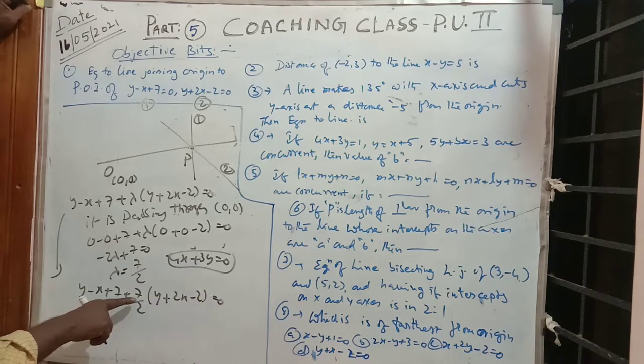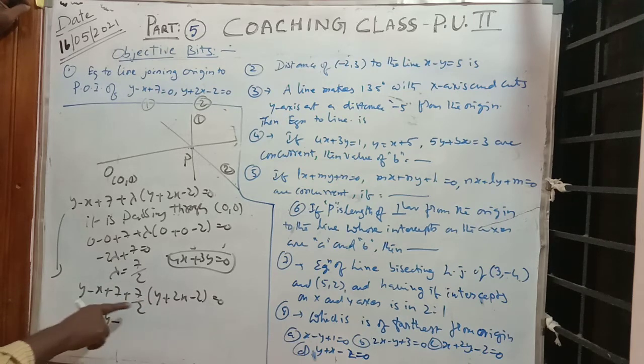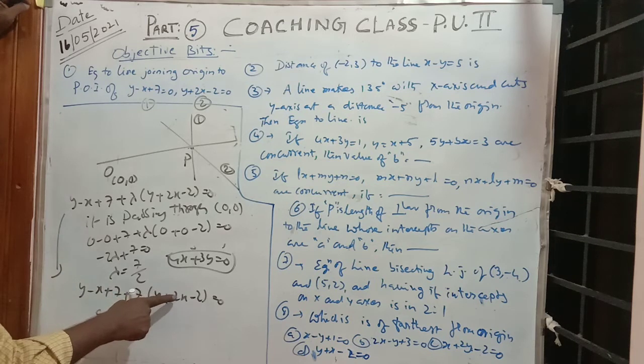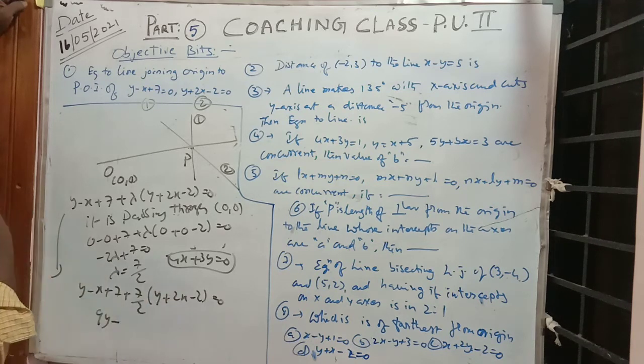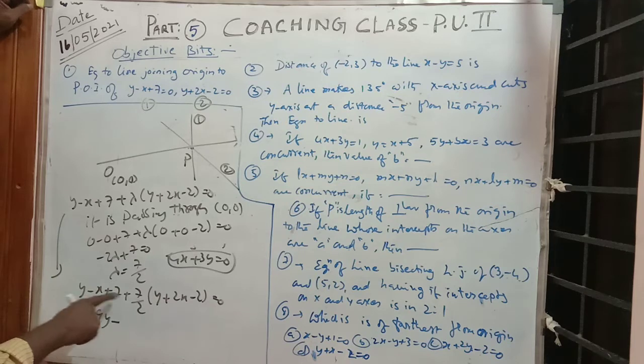Taking the LCM, it is 2y plus 7y, which is 9y directly. Then minus 2x plus 14x, which is 12x.